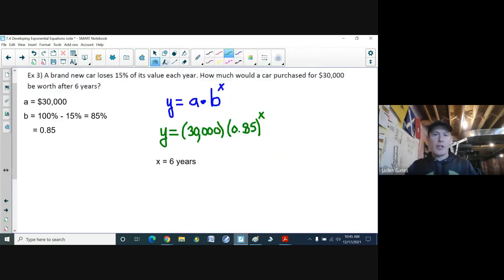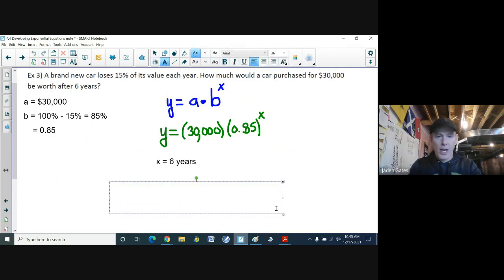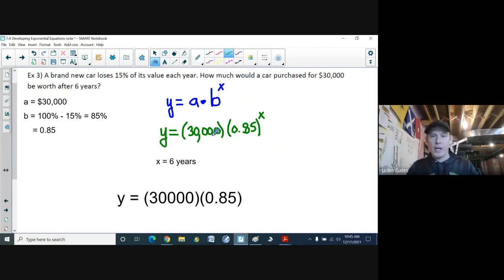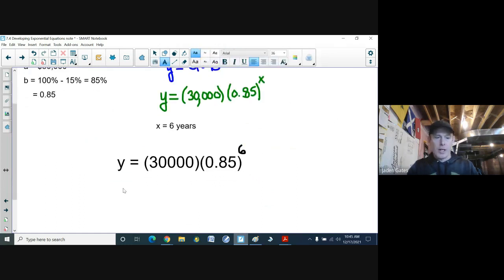Now I can just plug in my information: y equals $30,000 times 0.85, to the power of 6.